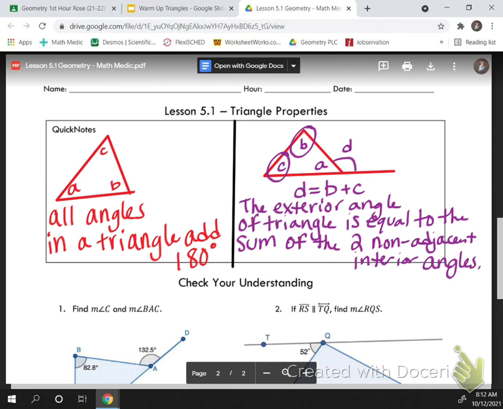And those are the two triangle properties we should have noticed today.